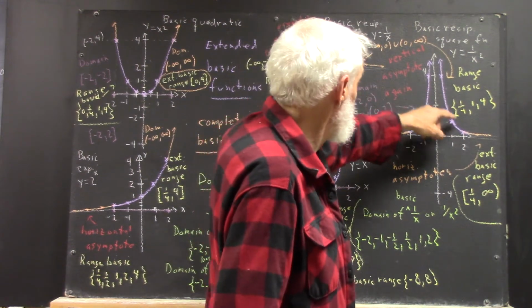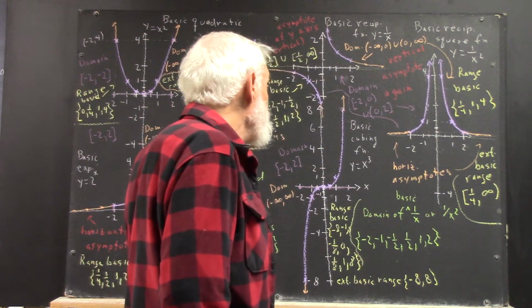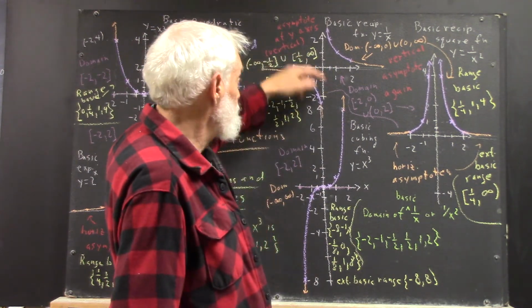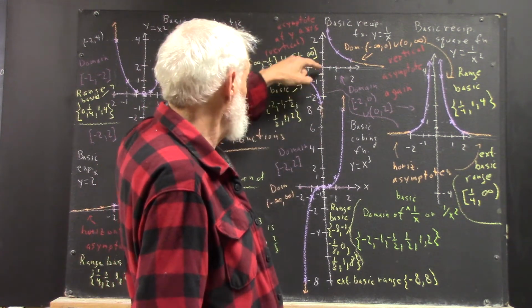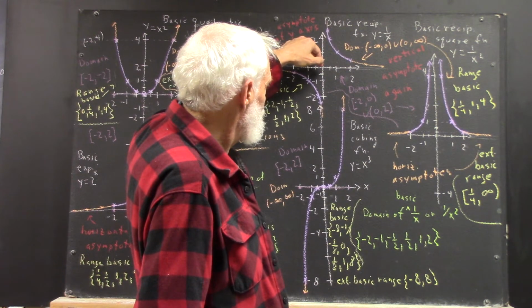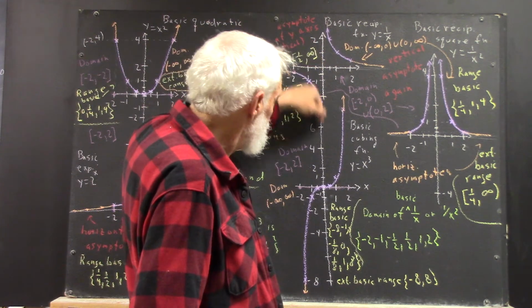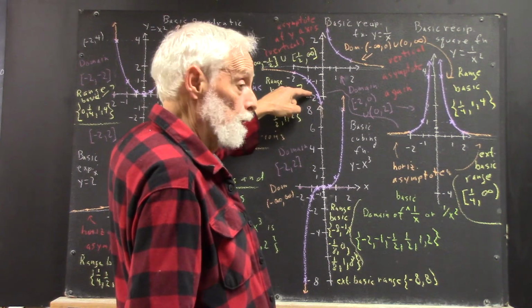And that's the case for this function and for this function. That's the domain. The range for this function consists of all negative numbers or all positive numbers, because for any point on the negative y-axis, you have a corresponding point on the graph.